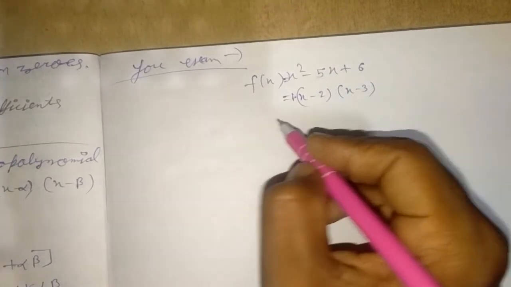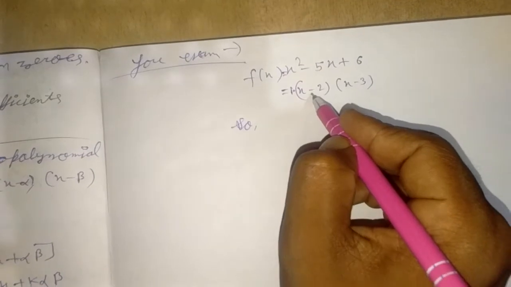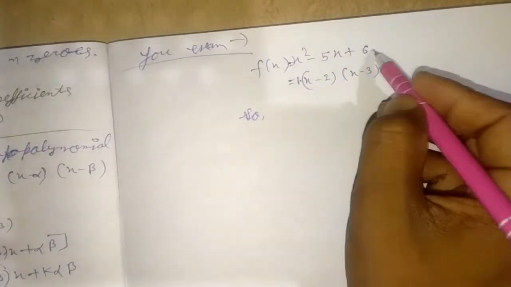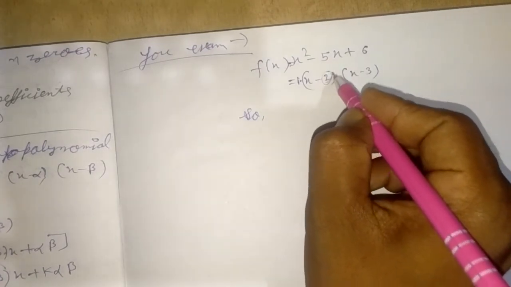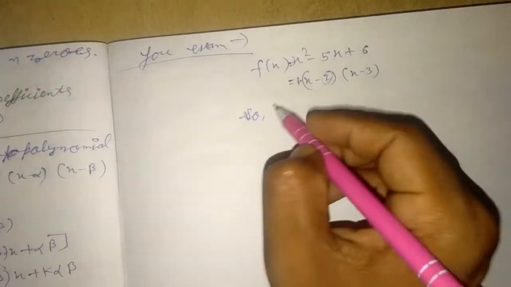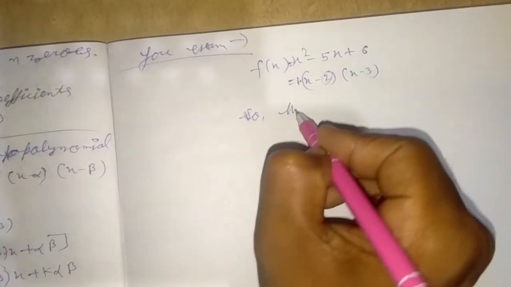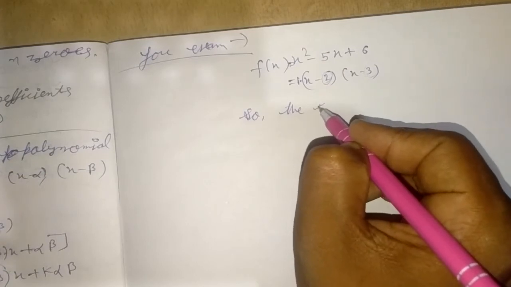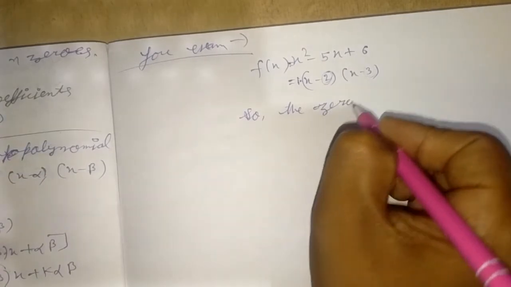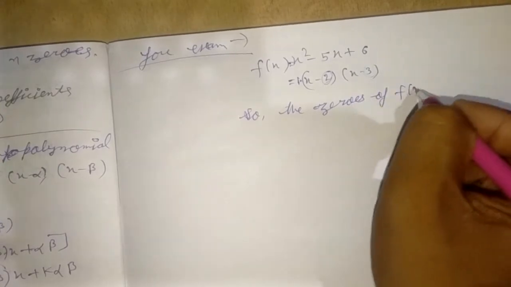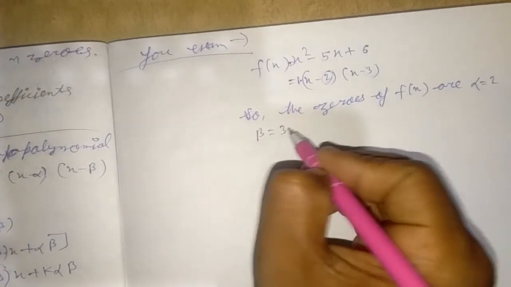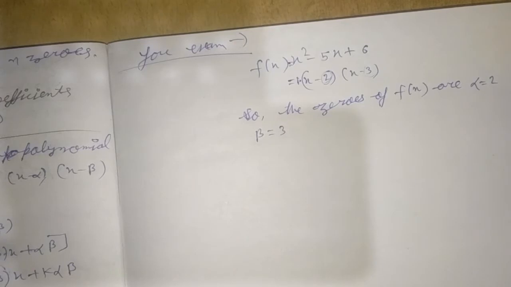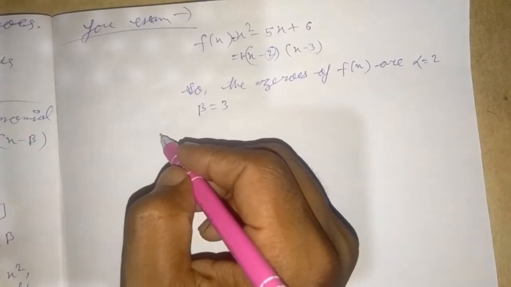Because x minus 2 and x minus 3 are the factors of this quadratic polynomial, alpha is equal to 2 and beta is equal to 3. So the zeros of f(x) are alpha equal to 2 and beta equal to 3. You can also say alpha is equal to 3 and beta is equal to 2.